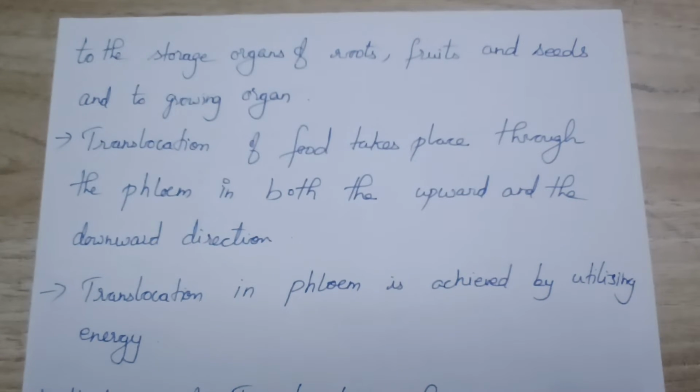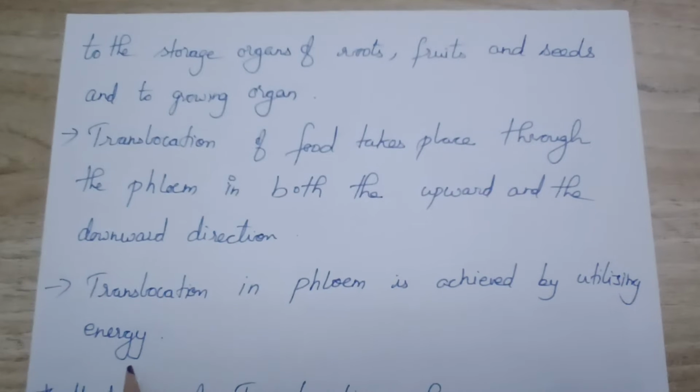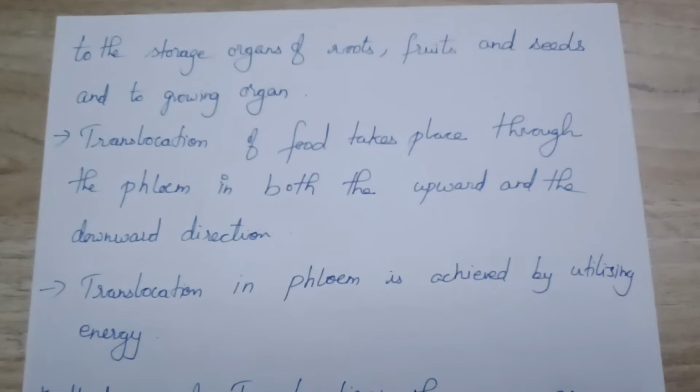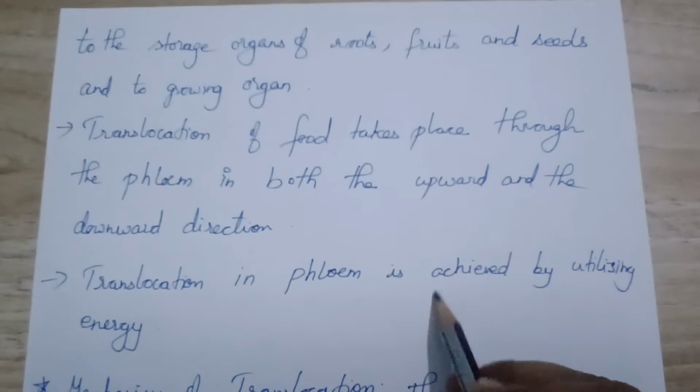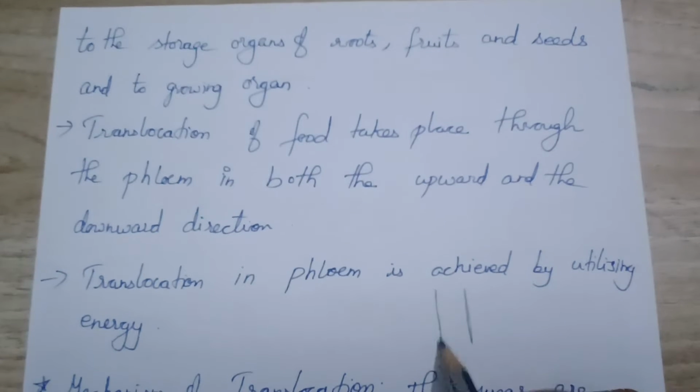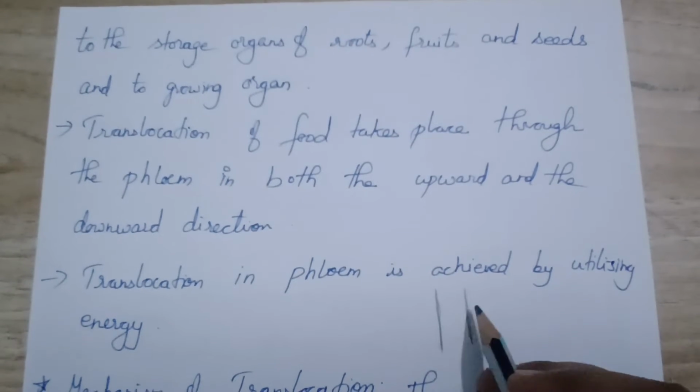Okay, translocation in phloem is achieved by utilizing energy. You know that in the xylem it is only physical force. Energy is not required. That's why the xylem is made up of dead cells. If you want energy, the cells should be alive, right? In xylem tissue, it is only dead.